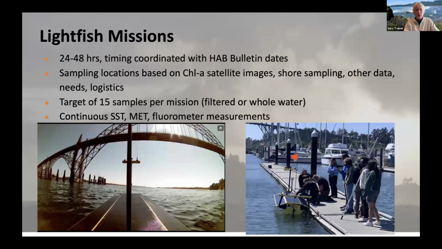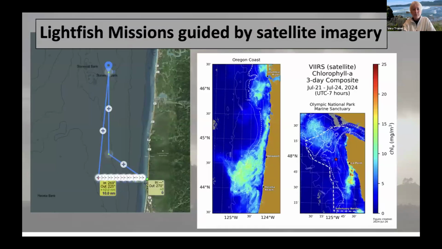So this is a LightFish mission. They are from a day to 2 days. The timing is coordinated with the bulletin dates. The sampling locations are generally based on chlorophyll A satellite images. We target 15 samples per mission, and we also have a variety of environmental parameter sensors that are on the LightFish itself.